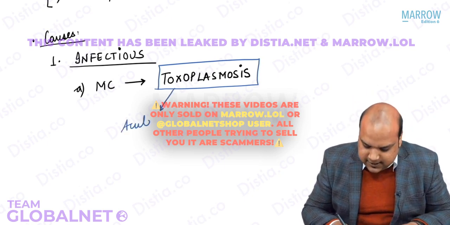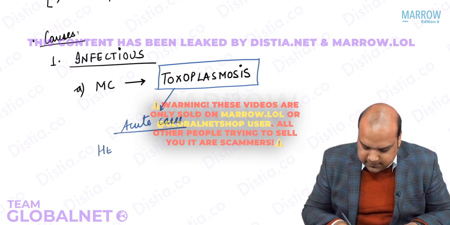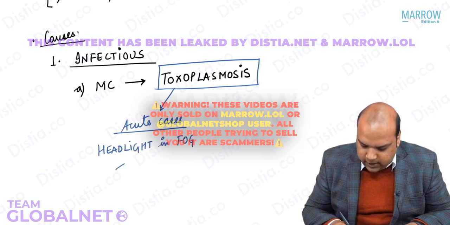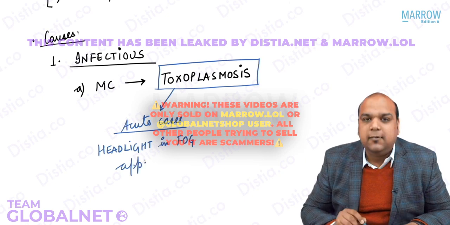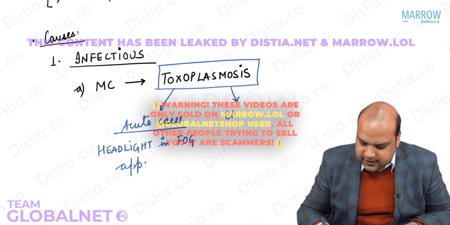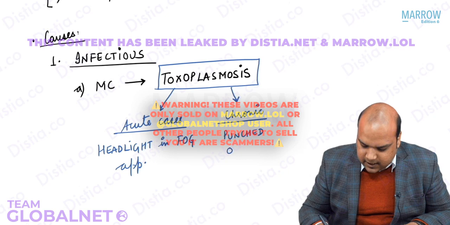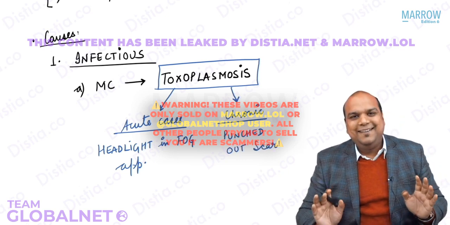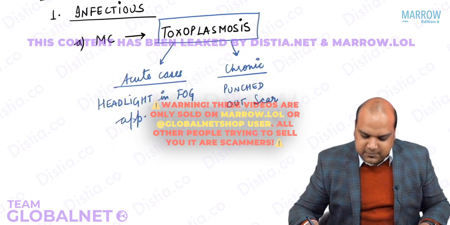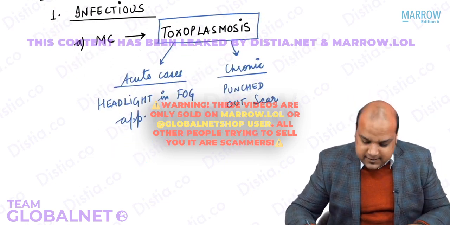In acute cases, you will be able to see something called the headlight in fog appearance. I'll just show you the photograph and explain. Whereas in chronic cases, you will see a punched out scar. Okay, everybody? Yes?